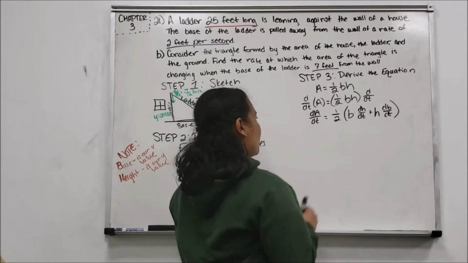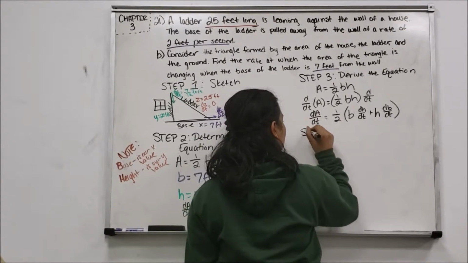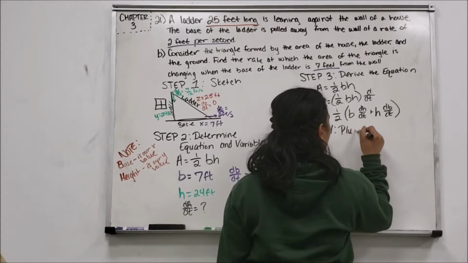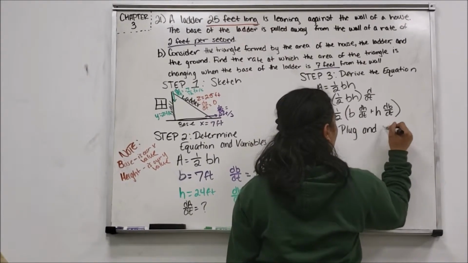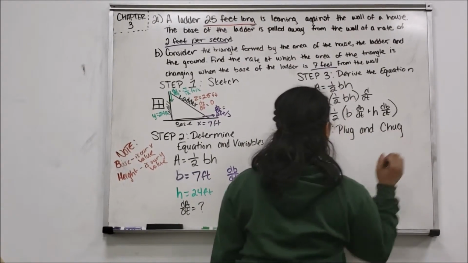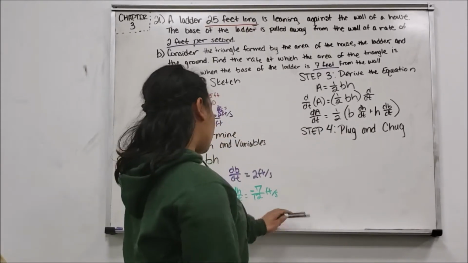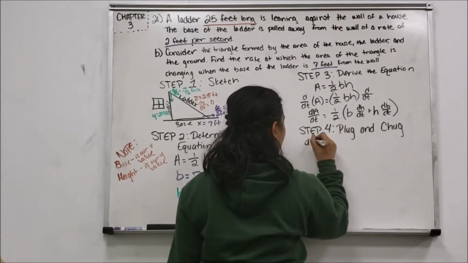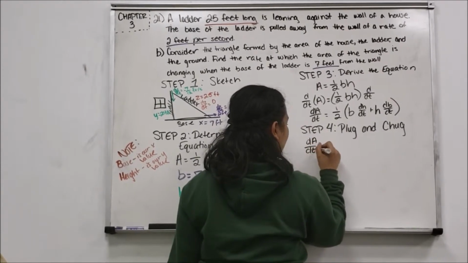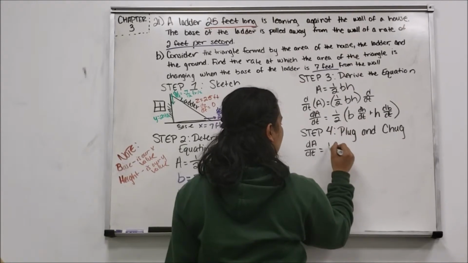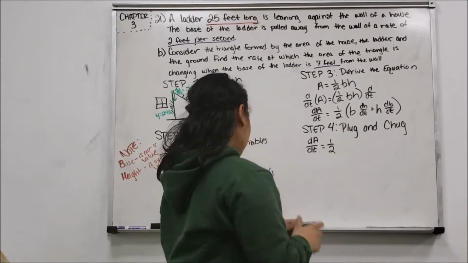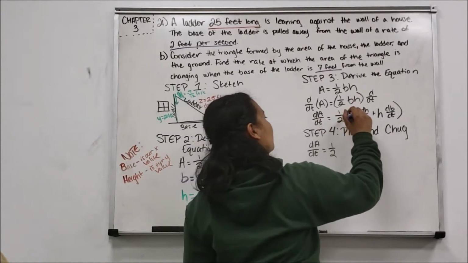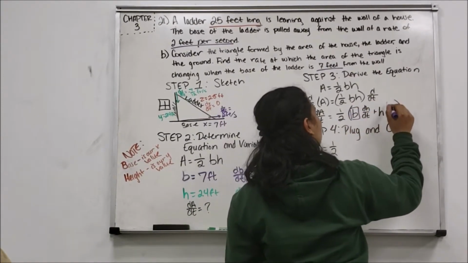And so then we will be moving on to step 4, which is the easiest step. Okay, so now we'll be plugging and chugging. Since we're looking for dA dt, I'm going to keep this in black. Since 1/2 is staying the same, I'm going to keep that black. And now it's where the colors are going to be useful. Here is B, and here is dB dt.